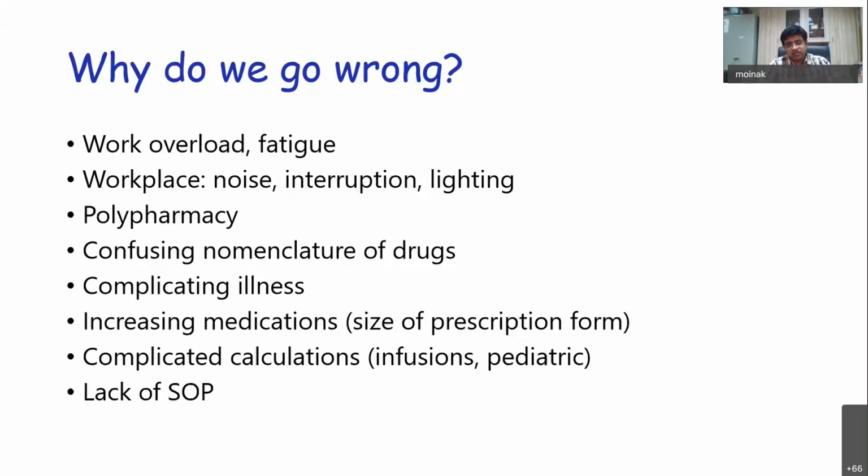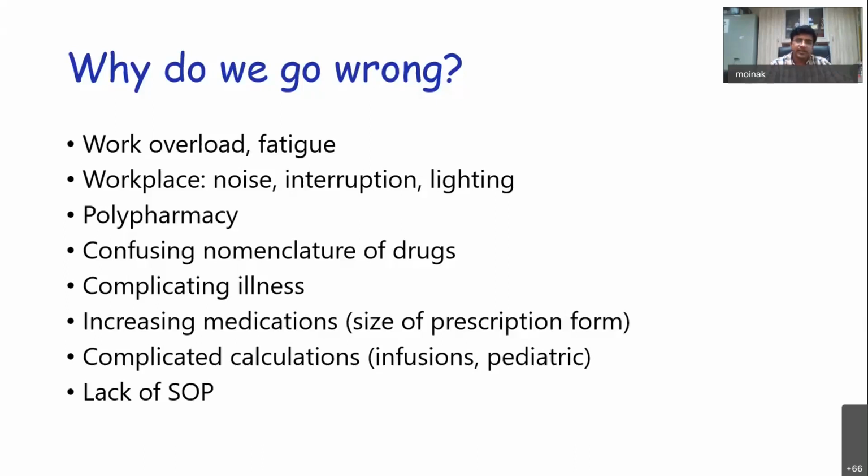Confusing nomenclature of drugs. There are drugs where the pharmacological name is something, and they dispense you something else. For example, Zerodol, if you have heard, is a drug that contains a centrally acting muscle relaxant, diclofenac, and one more thing.